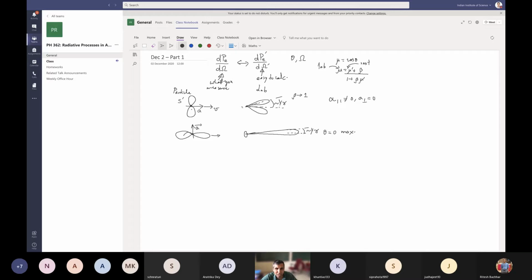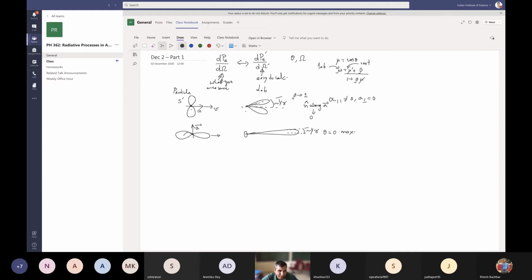Here for theta equal to 0, you got 0 because the acceleration was along the direction of particle motion. So if n hat is along acceleration, we know that this gives you 0 radiation from just the dipole formula.